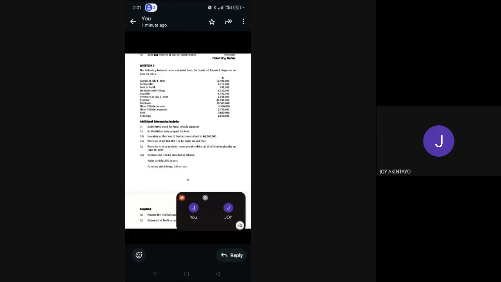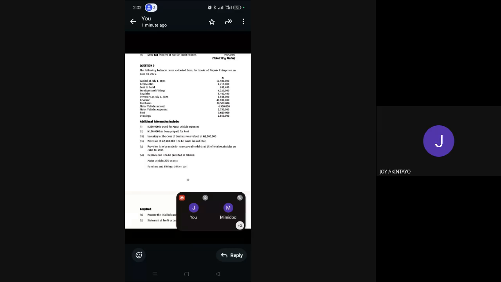Next one, inventory. The inventory at the beginning, is it an asset or a liability? It's an asset. Which type of assets? Current asset.